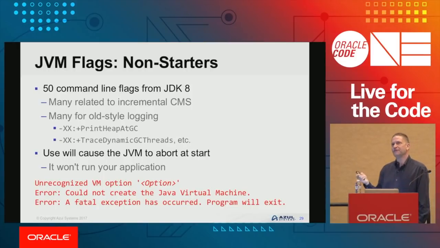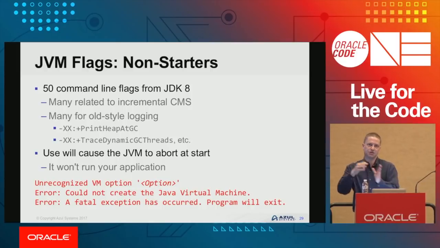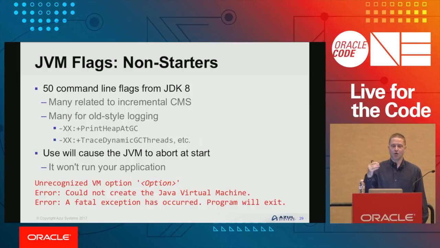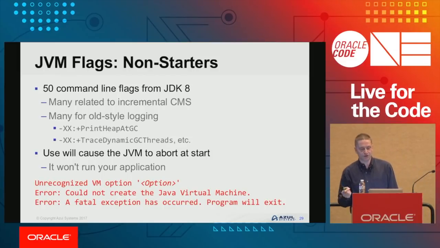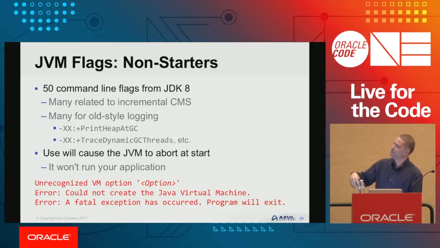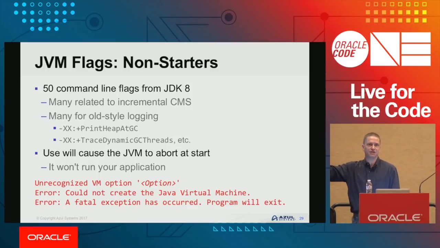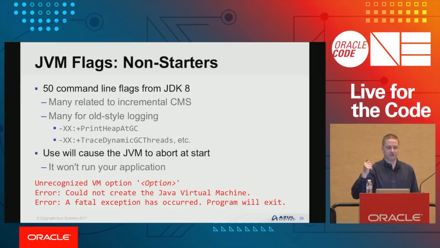So there are 50 command line flags on JDK 9, which if you've used them in JDK 8 and you just move your application to JDK 9, they will stop your JVM from starting. It'll say unrecognized VM option, could not create the Java virtual machine, fatal exception. And things like print heap at GC, that will stop your JVM from starting. Things like trace dynamic GC threads and so on. Those will stop your application from starting completely. So those are things to bear in mind.